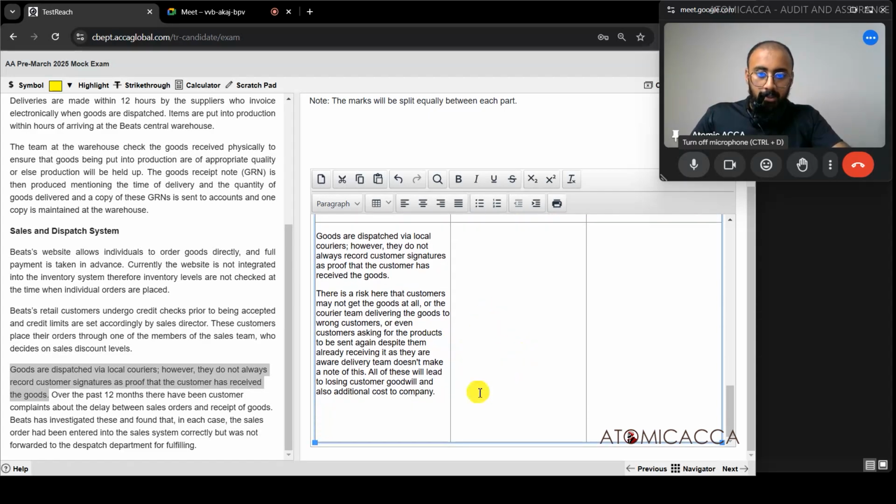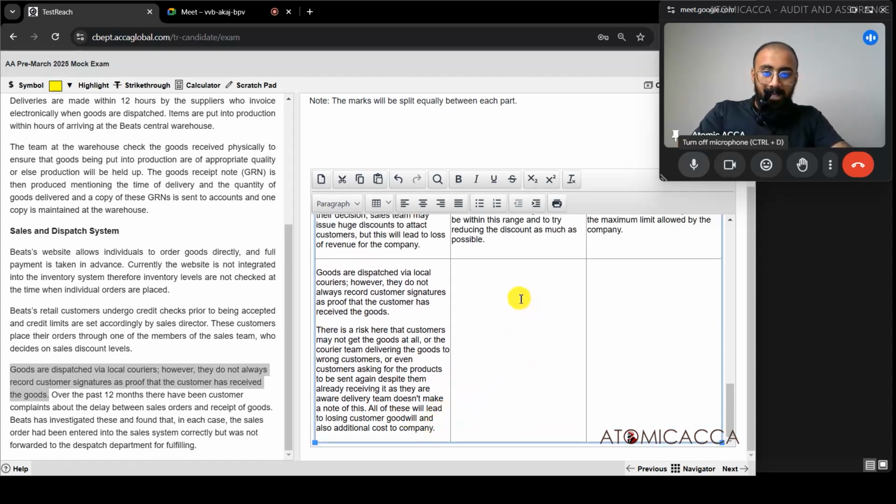All right, so now we have to recommend how to improve this. First is always write the flip point.